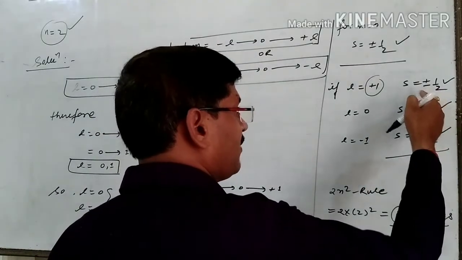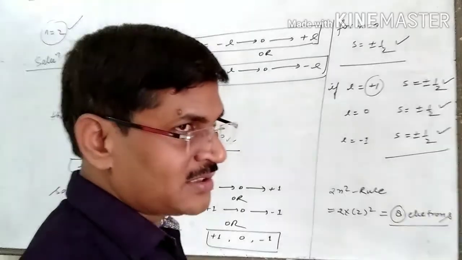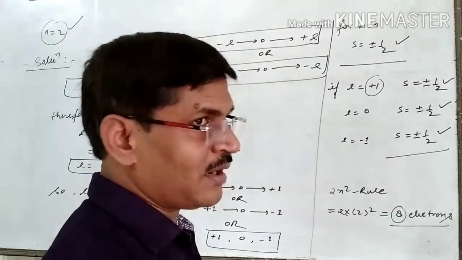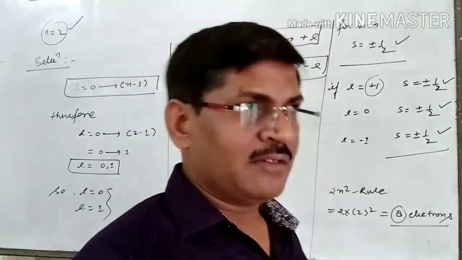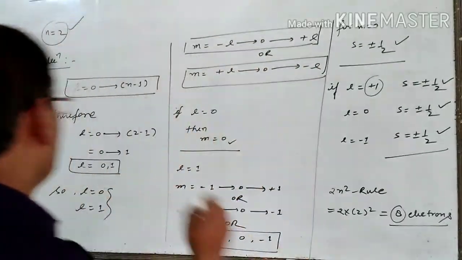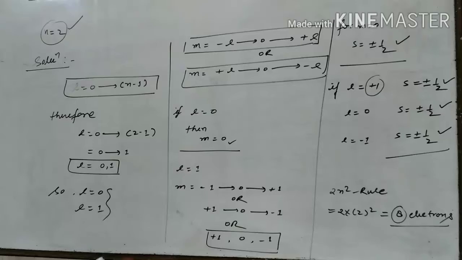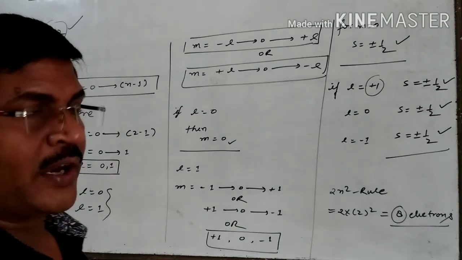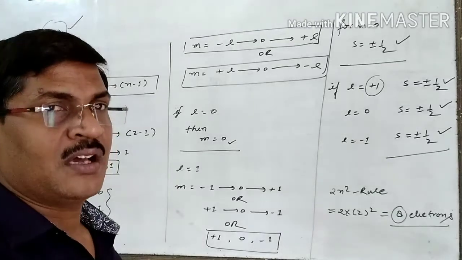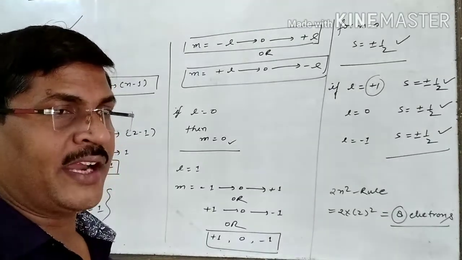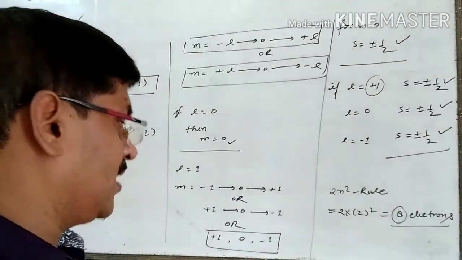It means one value, plus half, is for clockwise and the second value, minus half, is for anti-clockwise. In this way, if the value of the principal quantum number is given anywhere, either n is equal to 2, 3, 4 and so on, you can easily find all the values of the azimuthal, magnetic and spin quantum numbers.